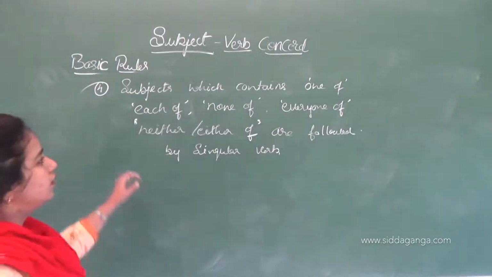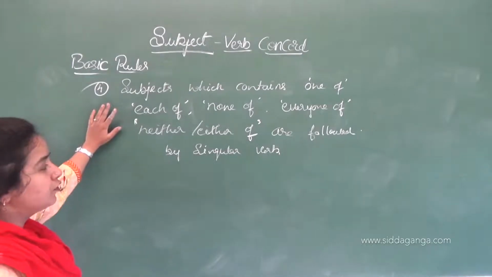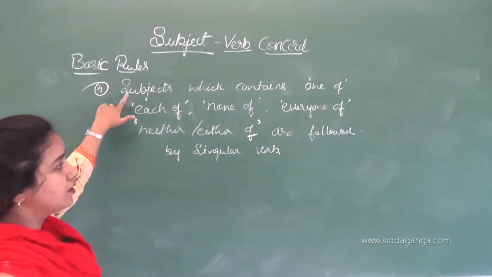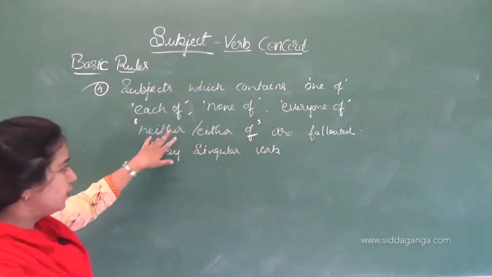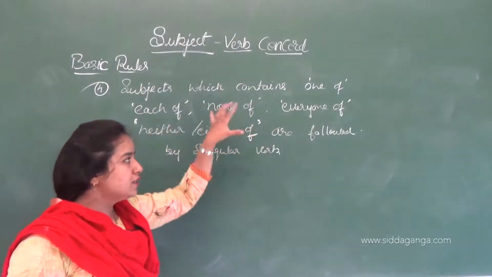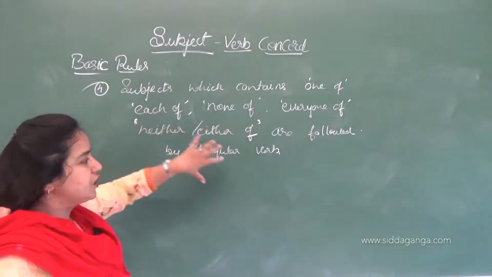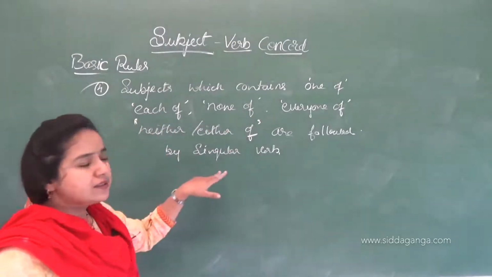When the subject contains one of, each of, none of, every one of, neither of or either of, these subjects are followed by the singular verb.